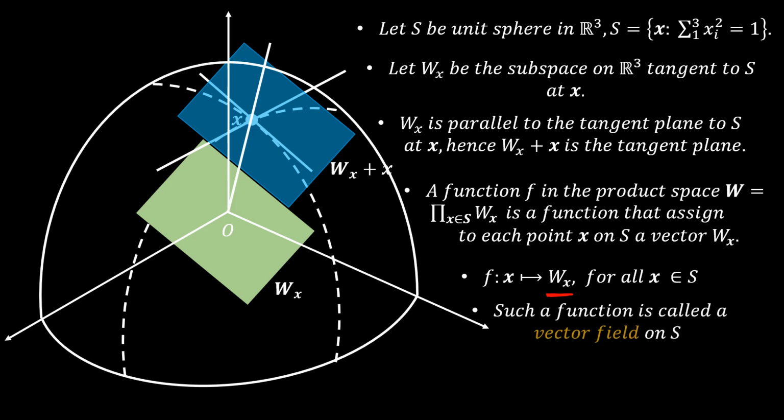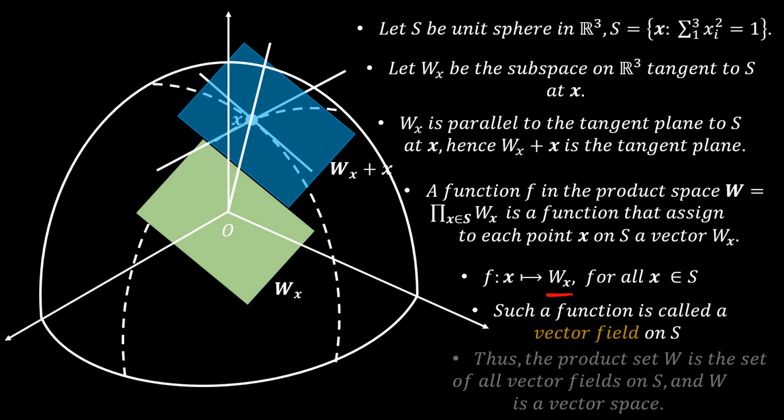Such a function is called a vector field on S, right? Transforming a point, or a vector point, on the space to a plane that is parallel to the tangent at any specific point.